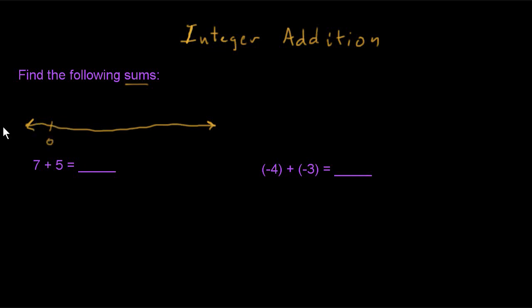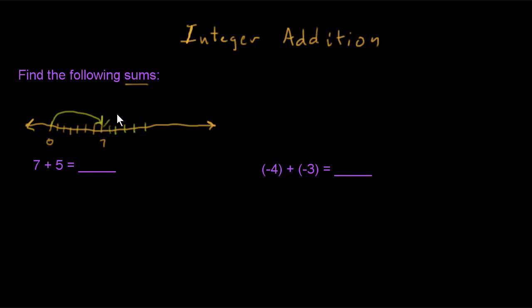But we would like to use two methods to solve these problems because they're not always going to be just a couple of positive integers added together. So I'm making a number line, and this is the number line method. We want to start at 0 and move to the right because 7 is a positive number, 7 units to the right.